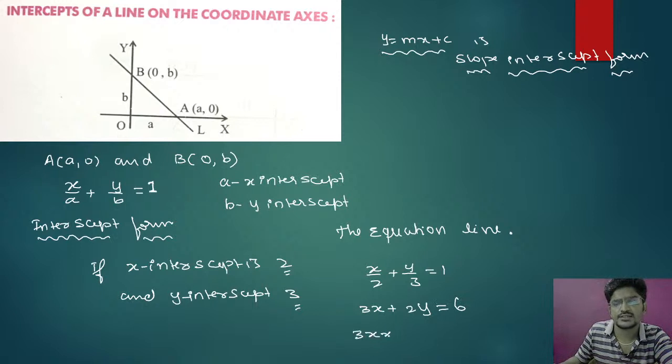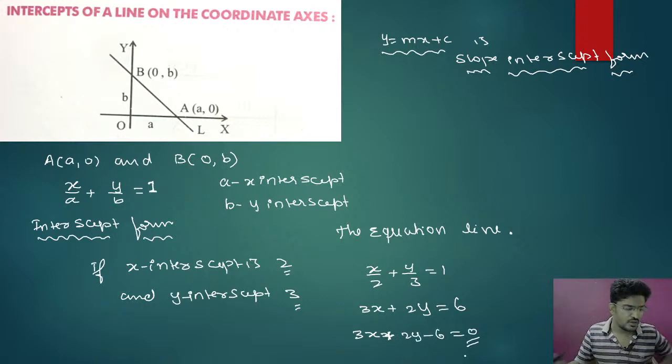So 3x plus 2y minus 6 equal to 0. Very good, Shivkumar, you got the right answer. Clear? Some of you are writing it as 3a 2b like that. It is not like that. 3x plus 2y minus 6 is correct, or you can write it as 3x plus 2y equal to 6. No problem.